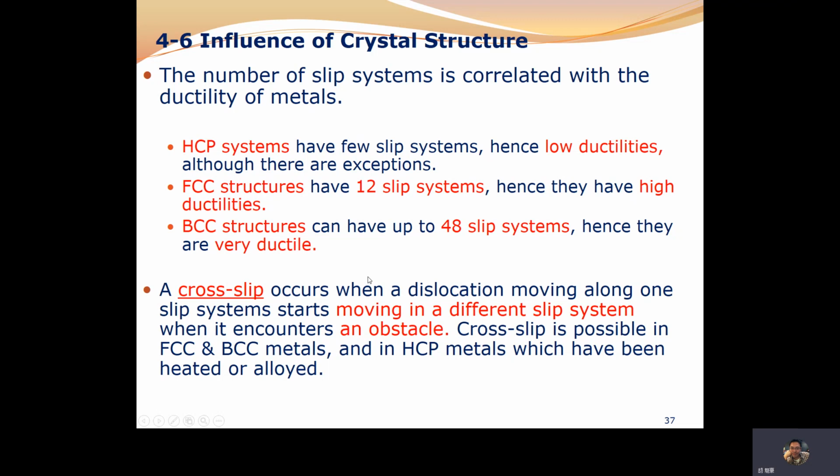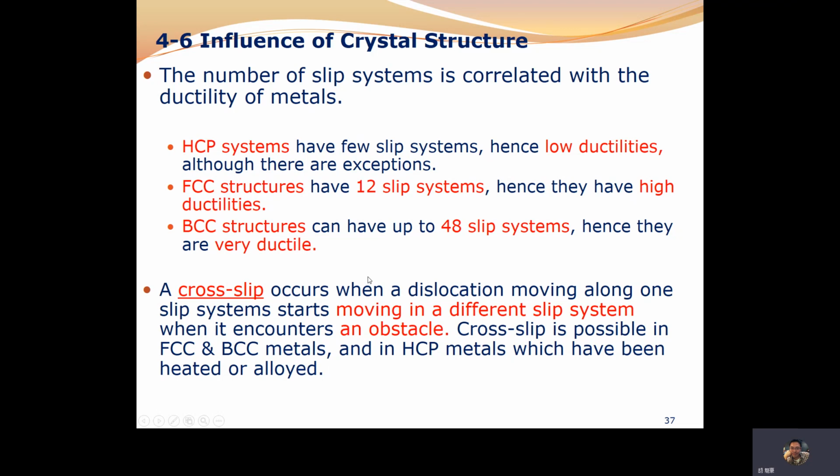The higher number of slip systems means more slip planes and directions, which means high ductility, correlated with the high ductility.